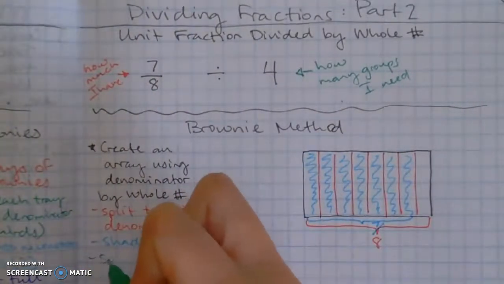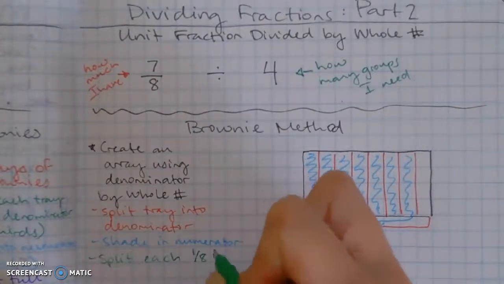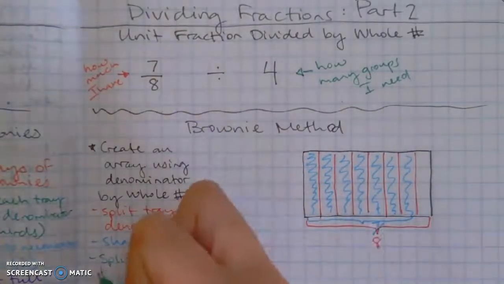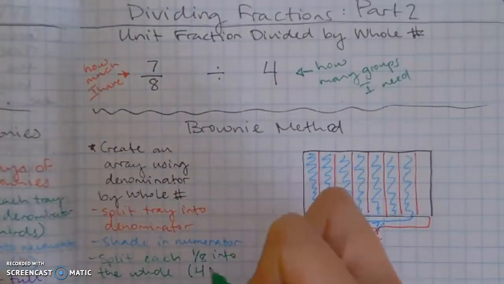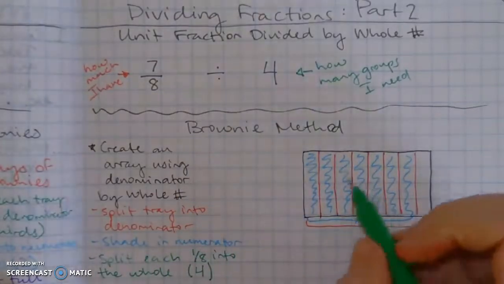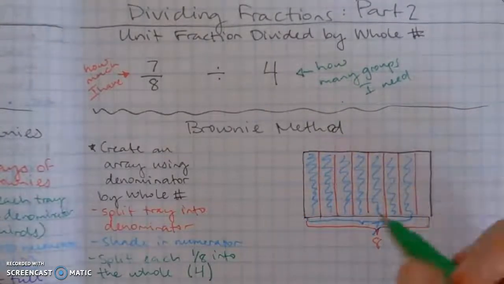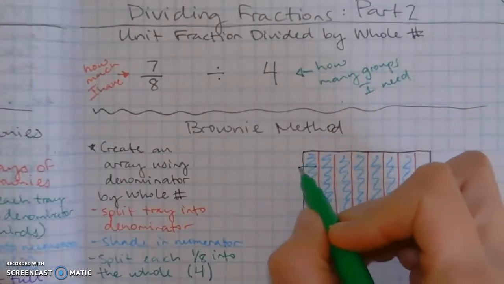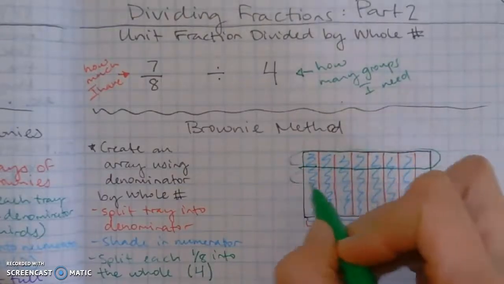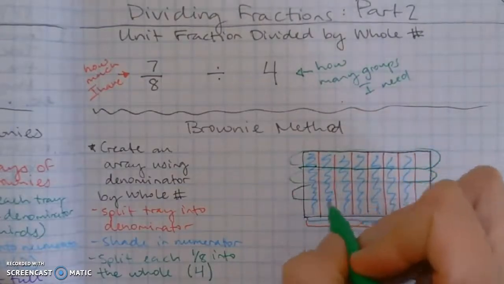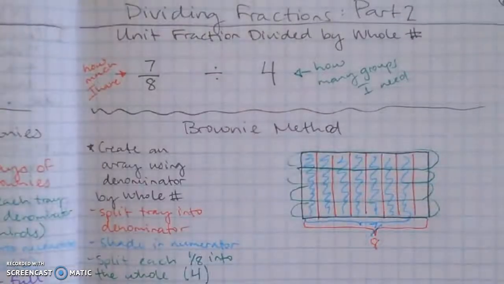All right, now I am going to split each of my sections. So I'm going to split each 1/8 into the whole number. So in this case, it's going to be 4. Okay, so I'm going to split each one of these, each of these 1/8 into 4. So what that would look like is I would just go straight across. 1, 2, 3, and 4.